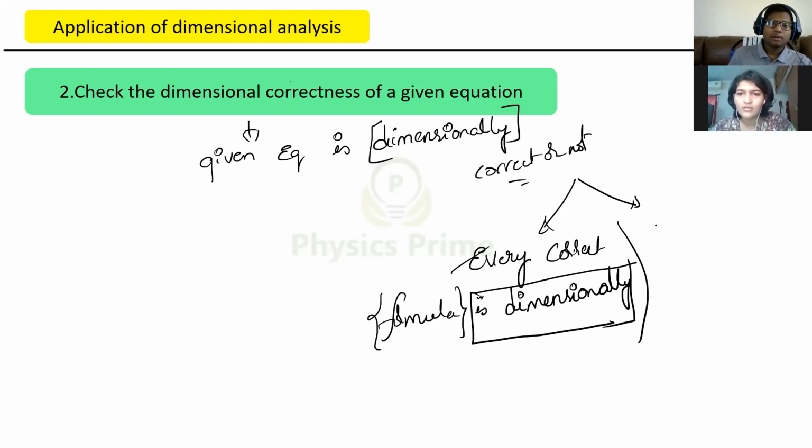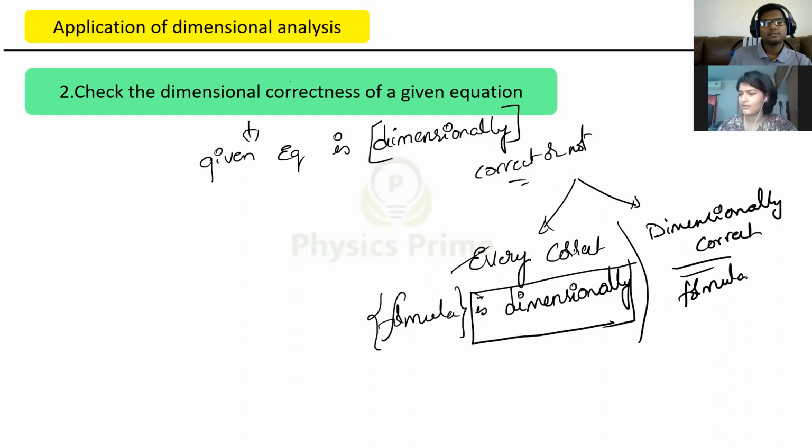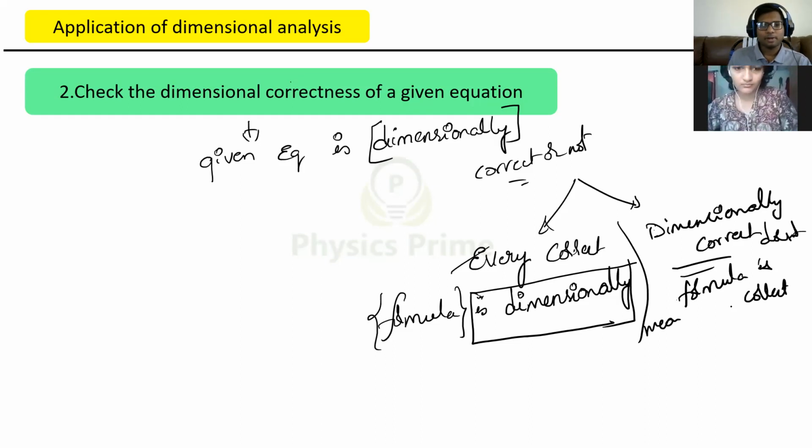But if a formula is dimensionally correct, that doesn't mean the formula is correct. Got it? Dimensionally correct doesn't mean correct. But a correct formula should have correct dimensions. Example: every topper has crossed the 35 pass marks, right?